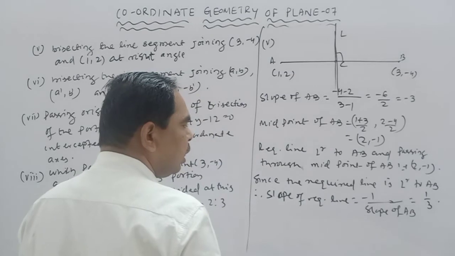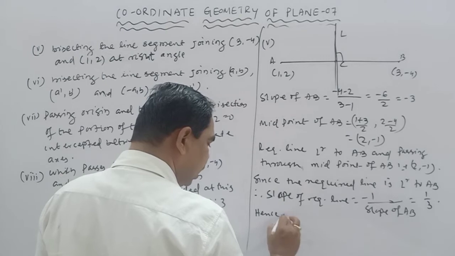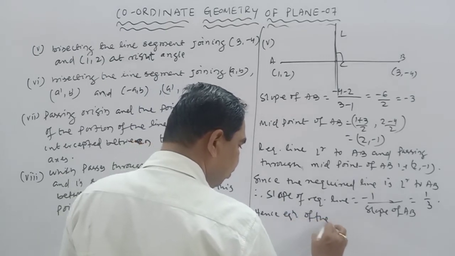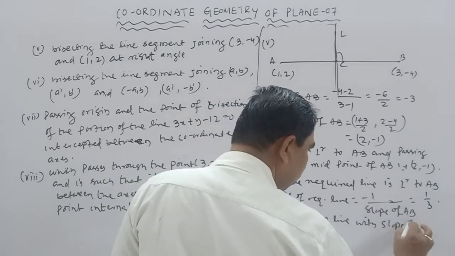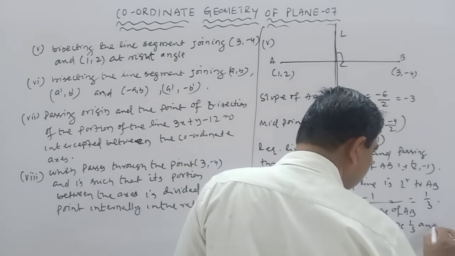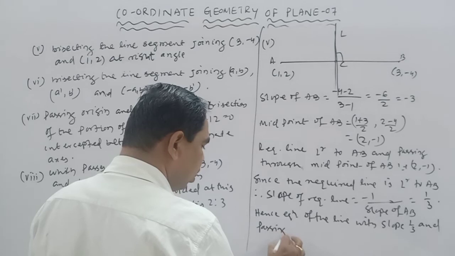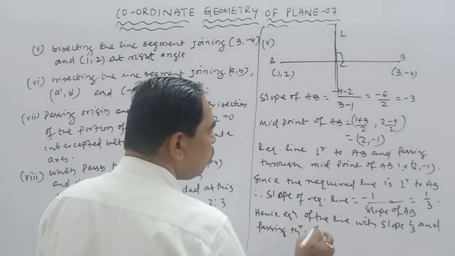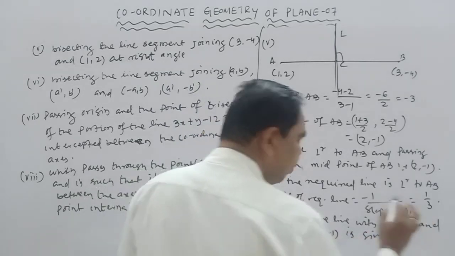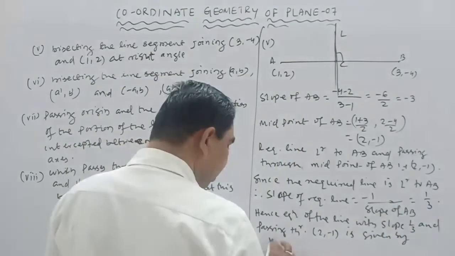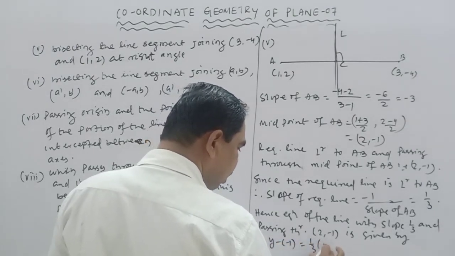Hence the equation of the line with slope 1 by 3 and passing through 2, -1 is given by y minus y1: y minus (-1) is equal to slope 1 by 3 into (x minus 2).